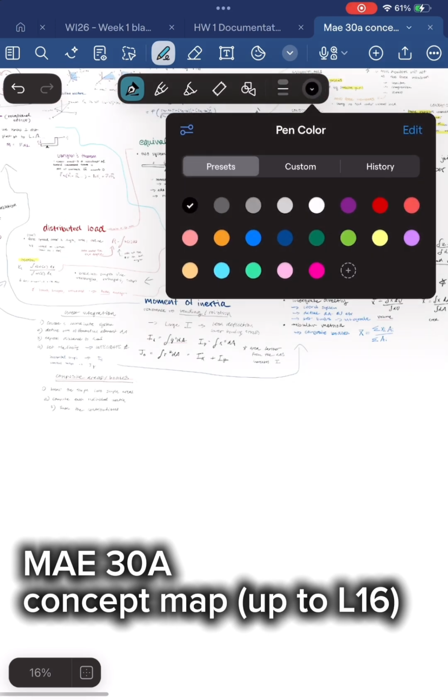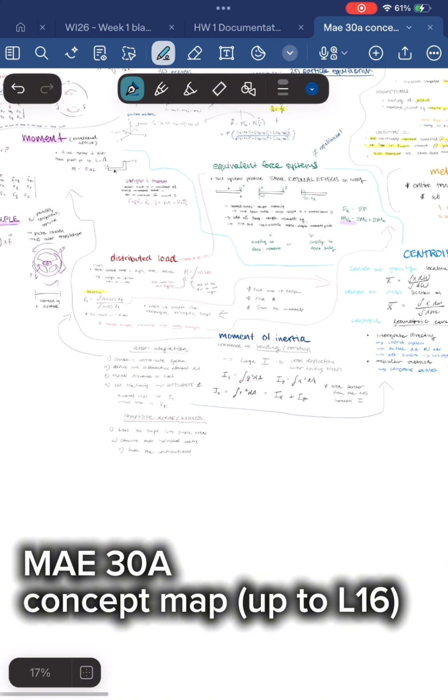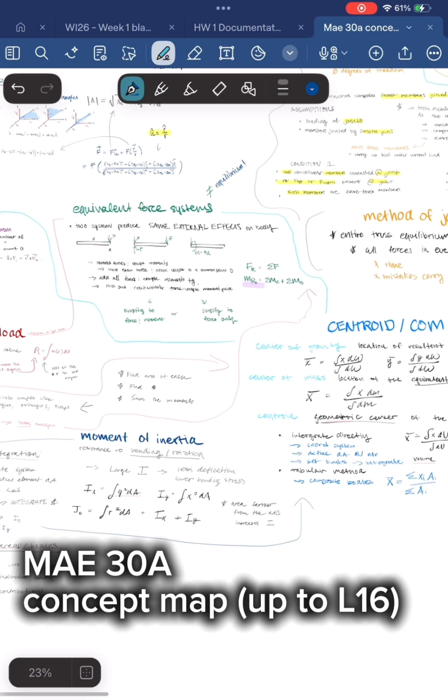Which uses the same logic as composite centroids, which you've already connected to, but also equivalent force systems.